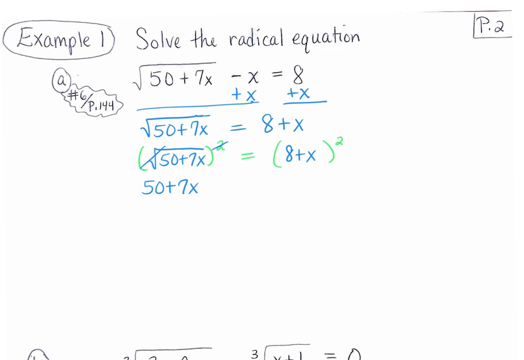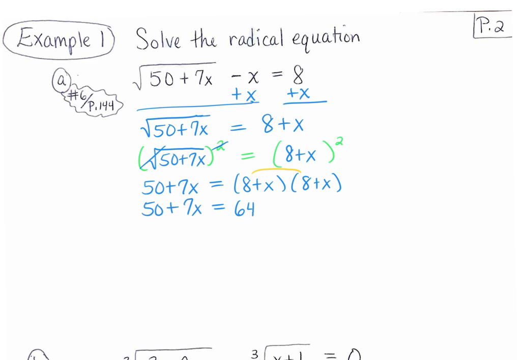What do we have to do on the right-hand side? Use the FOIL method to expand it. Using FOIL, for the first, you get 64.